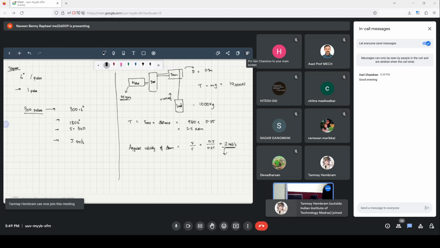Oh wait, it's easier to do it this way. 25 rpm is 25 multiplied by 2 pi rad per minute, which is 25 into 2 pi divided by 60 radians per second. If you simplify this, it's approximately 5 pi by 6 radians per second.